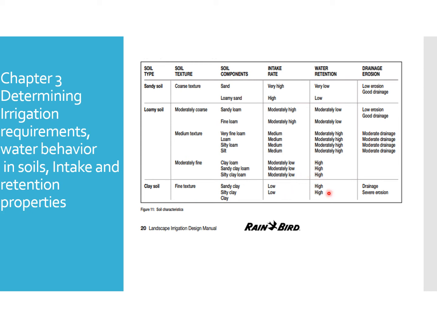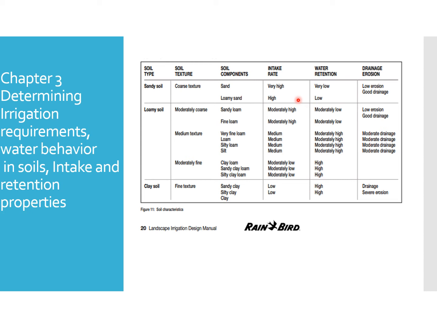So why this is important in irrigation design and irrigation application is keeping in mind that once you know what your soil type is, that will also help you decide how to behave and how to design your system. If you have sandy soil, you don't want to apply your water very slowly, say in a drip system with individual emitters very far apart from each other, because water is not going to have a lot of lateral movement.